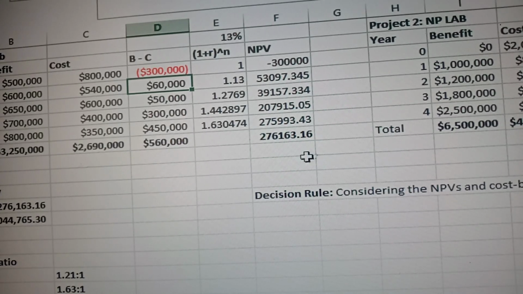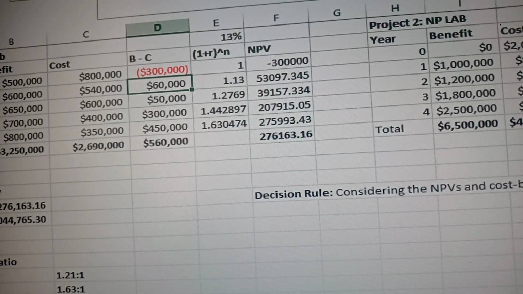So in this first project, we have a net present value of a total of 276,163 and 16 cents.